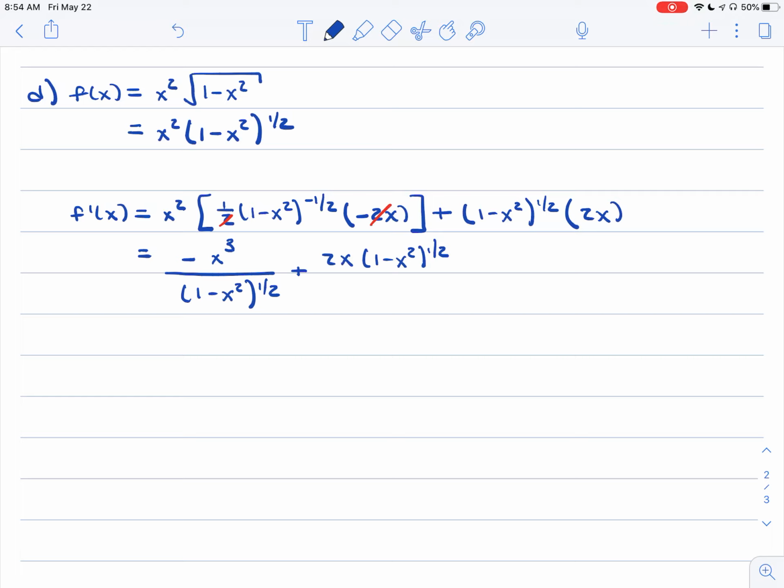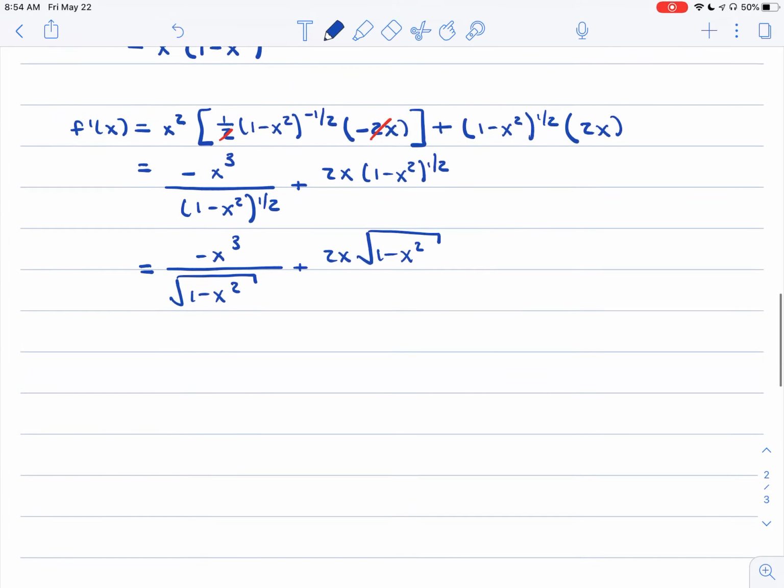Okay, now I'm going to rewrite both of these 1/2 exponents as square roots. So negative x cubed divided by the square root of 1 minus x squared, and plus my 2x times the square root of 1 minus x squared.